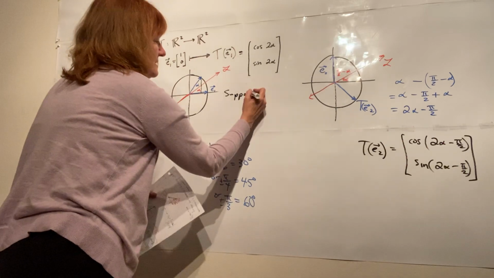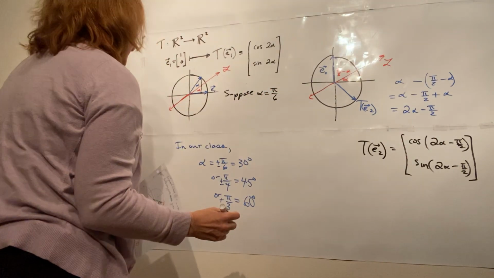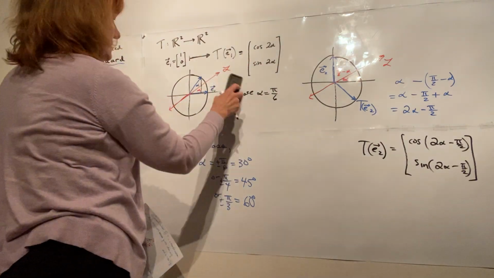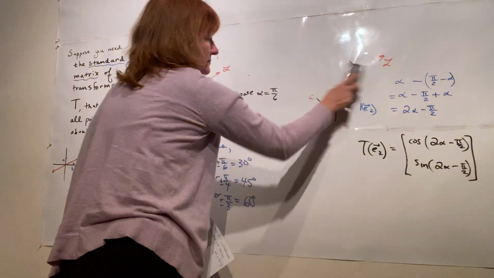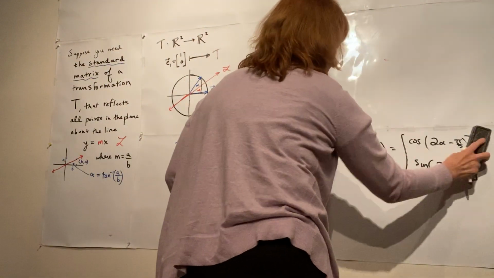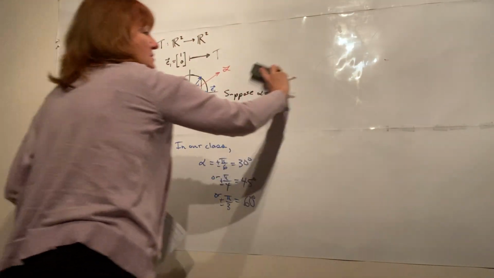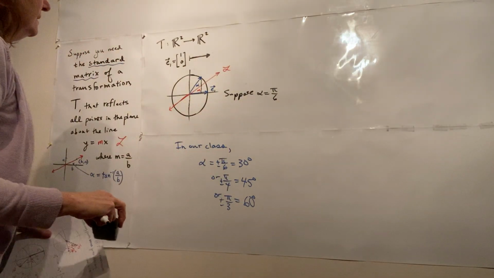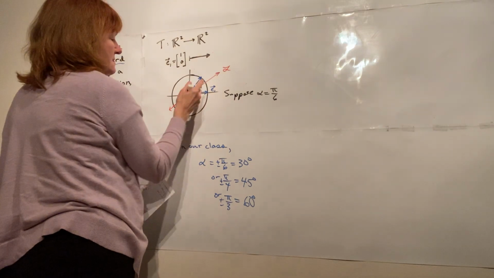Suppose alpha is equal to pi over 6. What do we have then? I'm not going to use the formula, I'm just going to duke it out. We're going to see it agrees with that formula. So you don't want to memorize that. I'm just showing you that it's possible in general to do it.